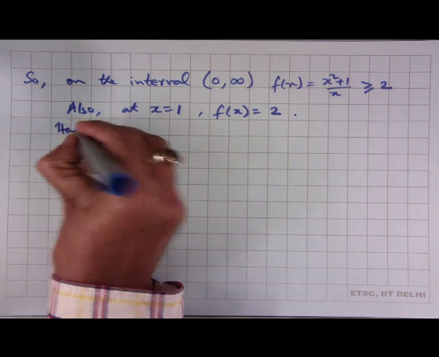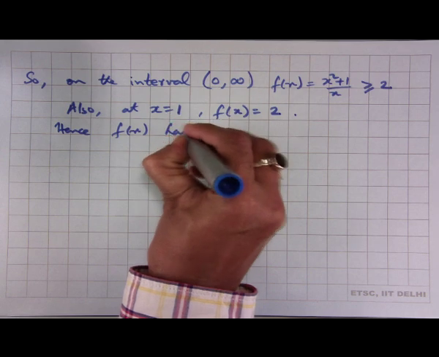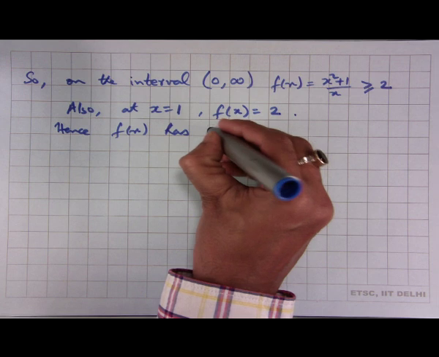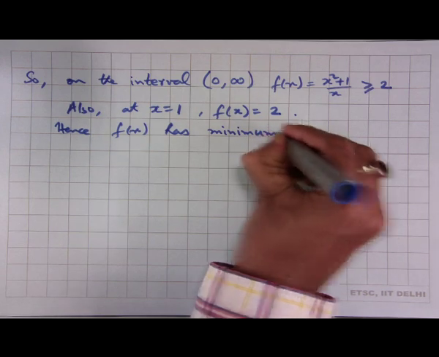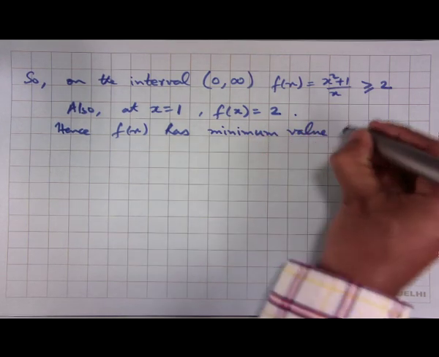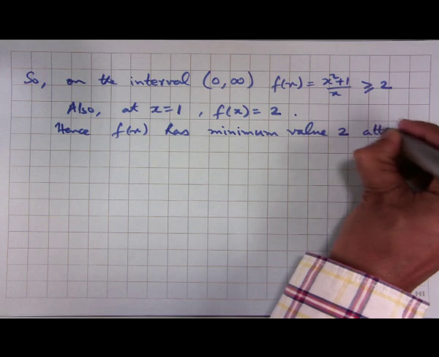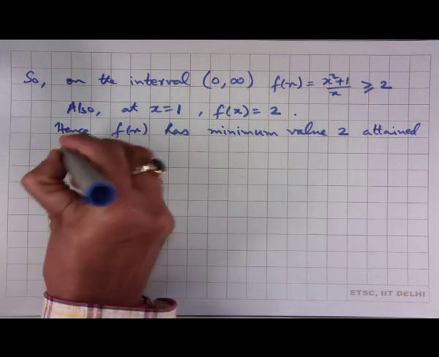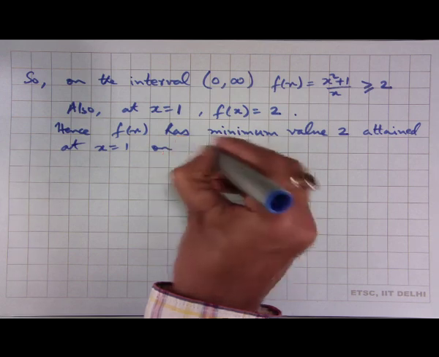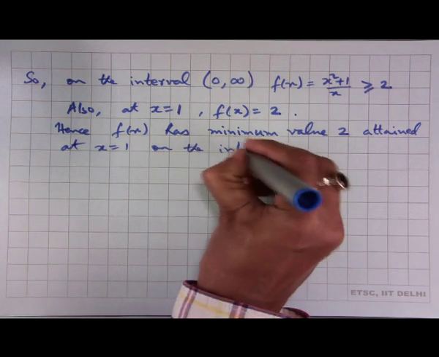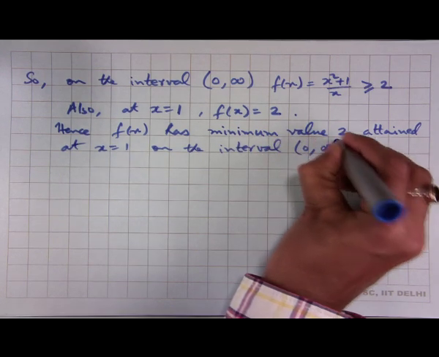Hence, f of x has minimum value 2, attained at x equal to 1 on the interval 0 to infinity.